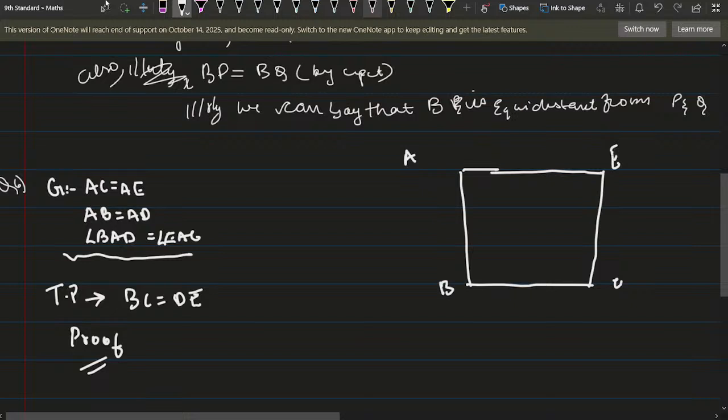Let me check whether the given figure is like this itself. Yeah.